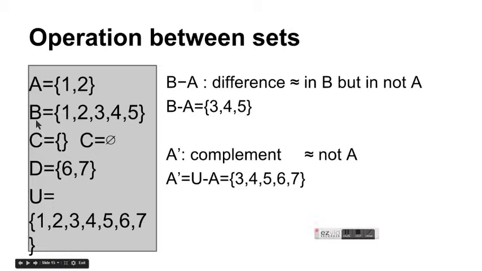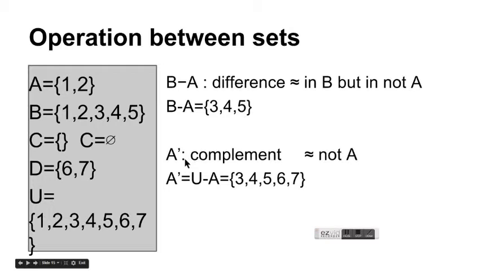The members in B are 1, 2, 3, 4, 5. We just take away the members of A. So the difference of B and A will be 3, 4, 5. Okay.